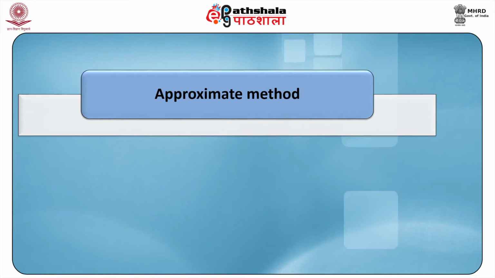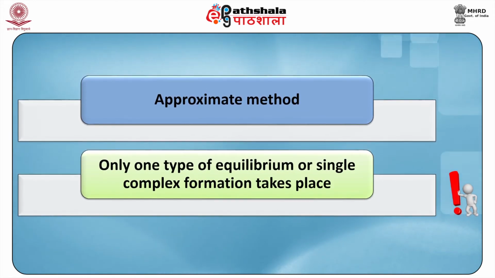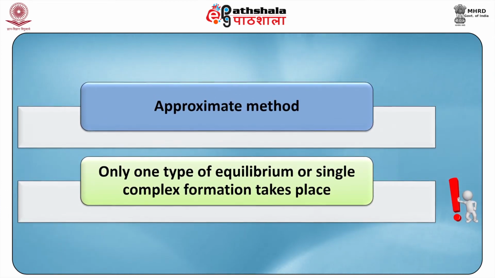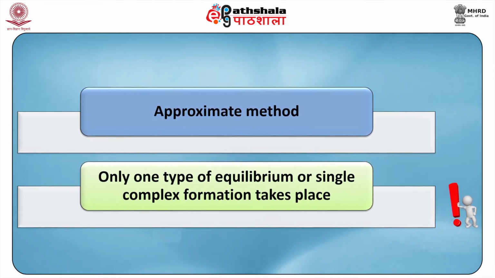Let us now study the mole ratio method. This is an approximate method and it can be applied only to those systems in which only one type of equilibrium or single complex formation takes place.